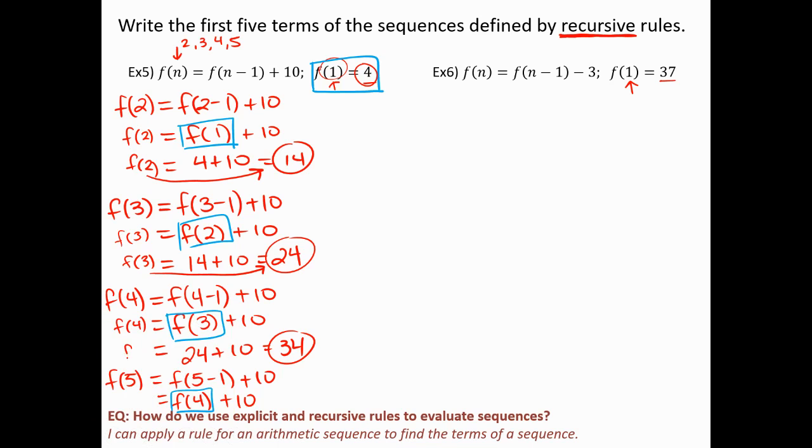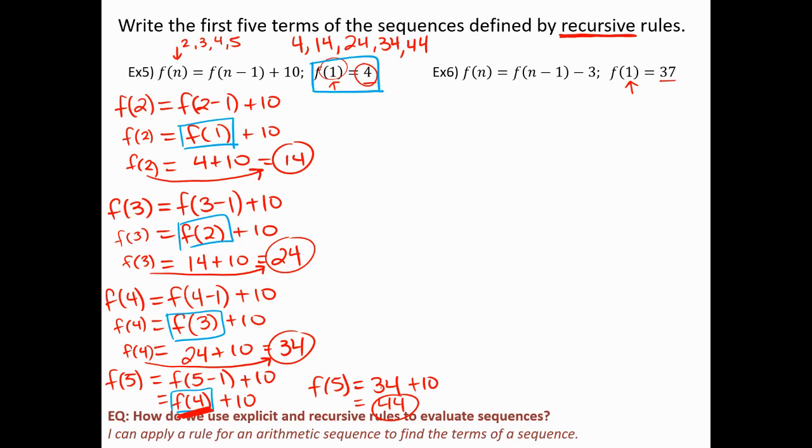So again, if I kept writing this down, f of 4, I would have said, oh, look, it's 34. So I'm going to kind of squish it down here. My f of 5 is going to equal 34. Remember, that's just a replacement of this right here, f of 4. And then I add 10, which gives me 44. So the first 5 terms of my sequence are 4, the 4 that was given, 14, 24, 34, and 44.